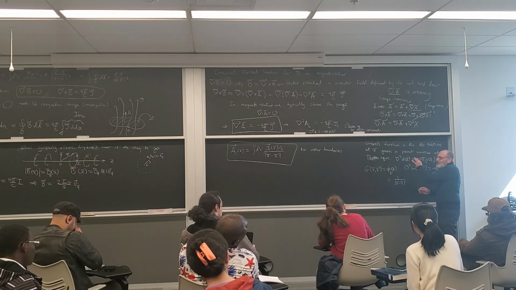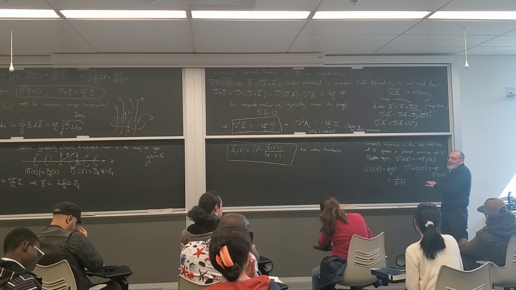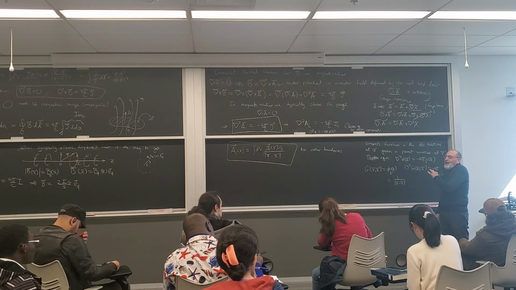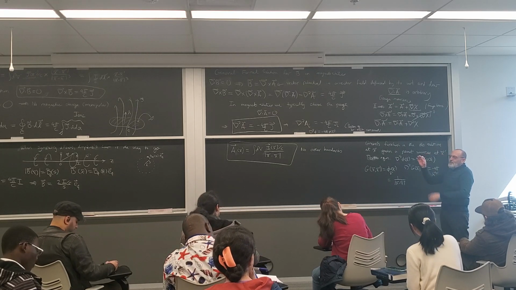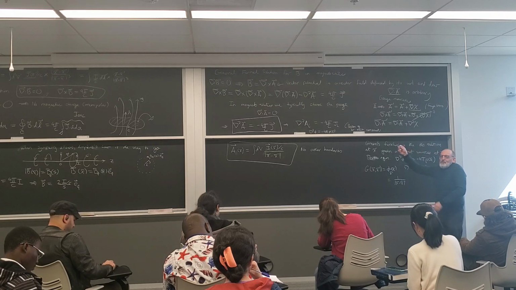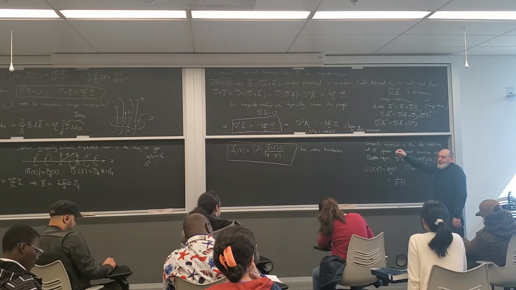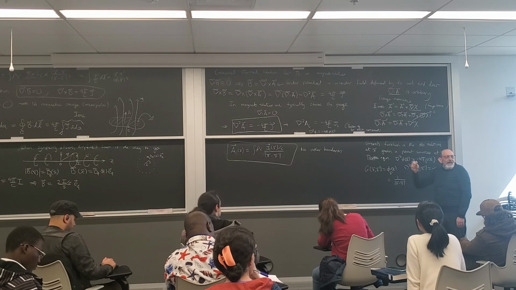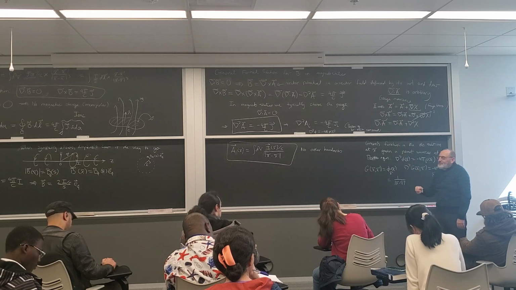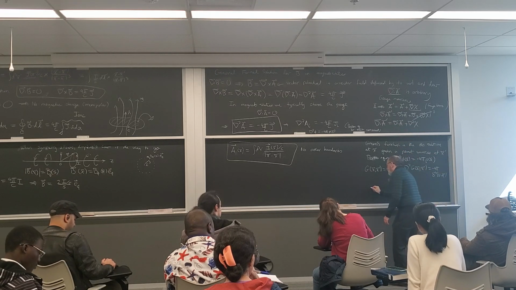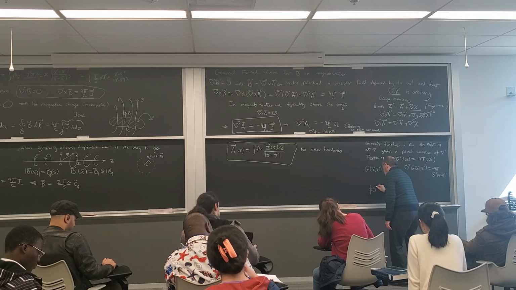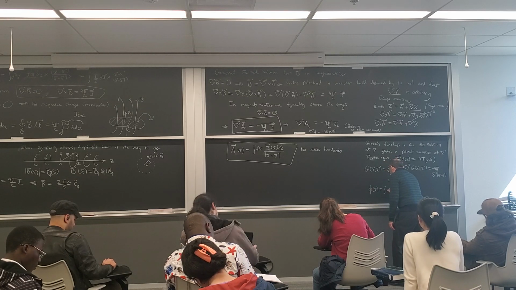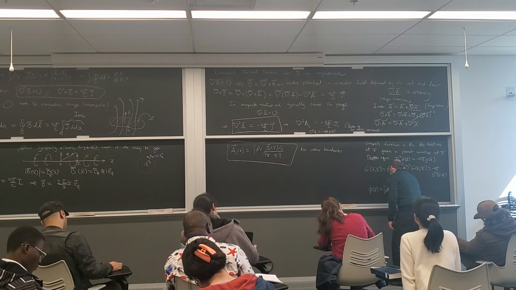And given a point charge at x prime, I can find the solution for an arbitrary distribution by the principle of superposition, by just adding up the different contributions from different points in the source. And so the general solution is I have a dq prime. dq prime is d³x prime times rho prime.